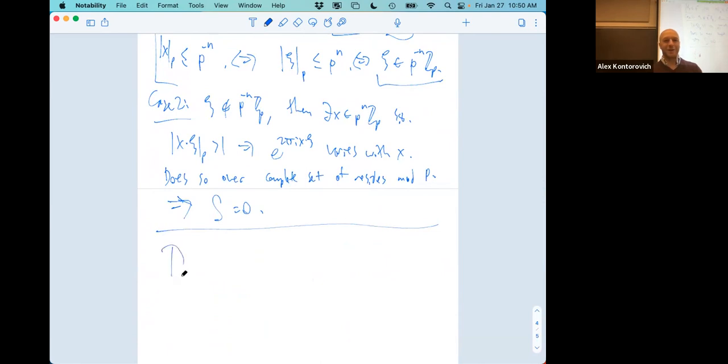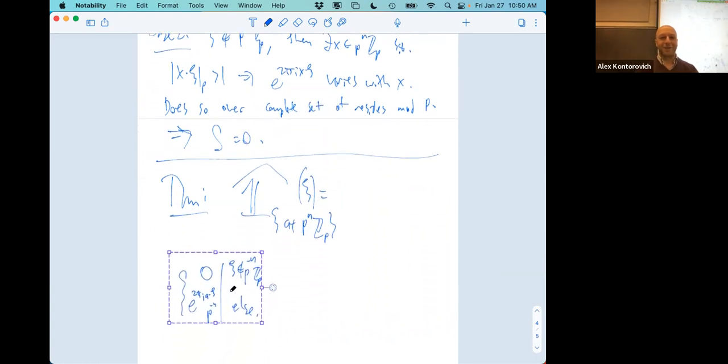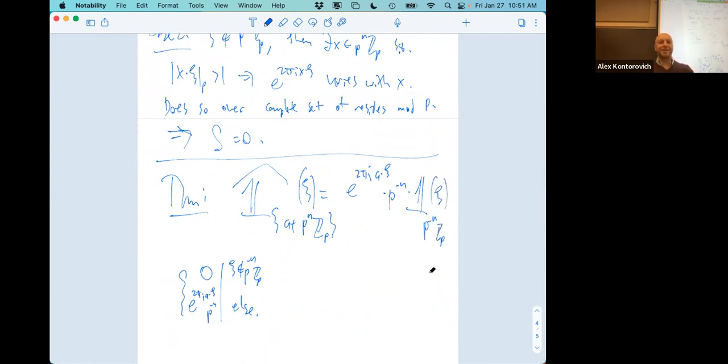So what we've proved, let's call this a theorem or a lemma: the Fourier transform of the indicator function of one of these sets is e to the 2 pi I a dot c, a complex number, times p to the minus n, a real number, times the indicator function of the set p to the minus n Z_p. And that indicator function is testing whether c lies in this set or not.